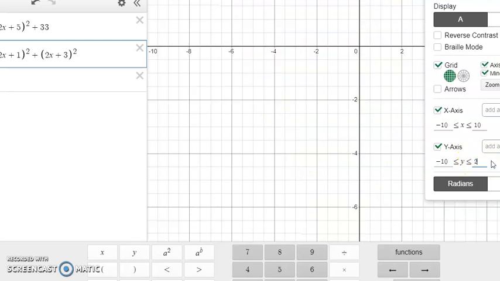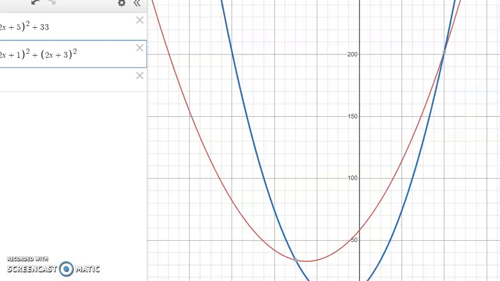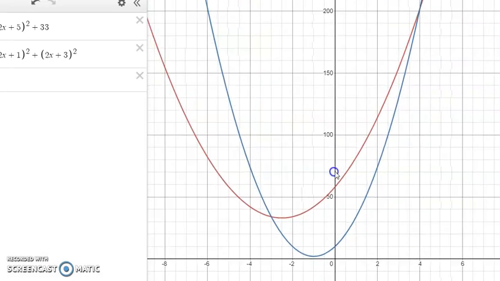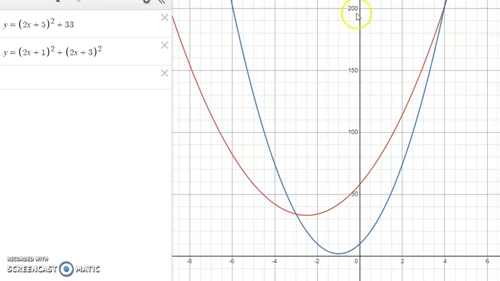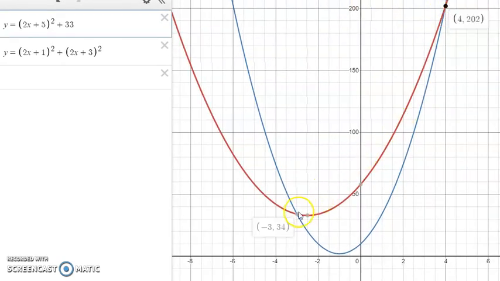It's quite high, so I'm going to go to 50, and then you can really see the intersection points there. Okay, so the intersection points are at x equals -3 and 4. The 34 and the 202 don't matter here. We're more interested in the x values. I'm going to take a picture of that for our notes.